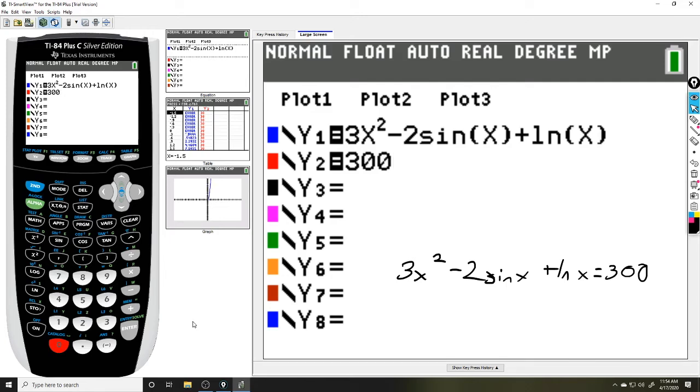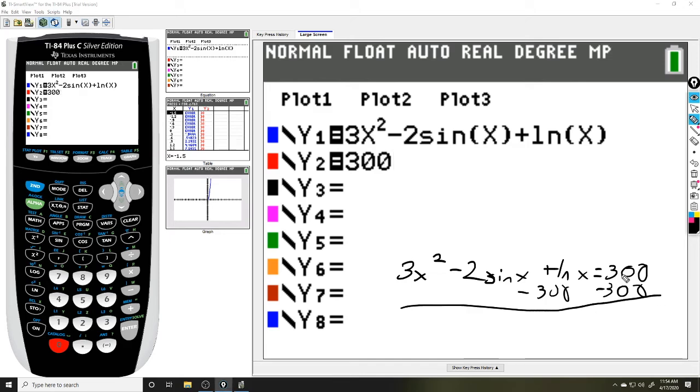Now, we'd have to tweak the window around a little bit to find that value and figure out what our answer would be. Another way you can do this, if you don't want to play around with the window as much, is that, well, we can set this equal to 0. So we could subtract 300 from both sides.